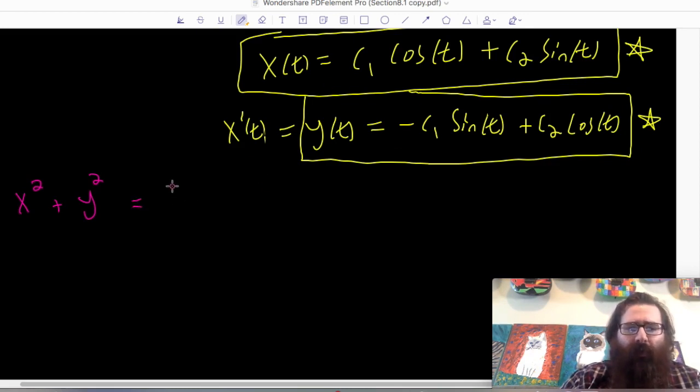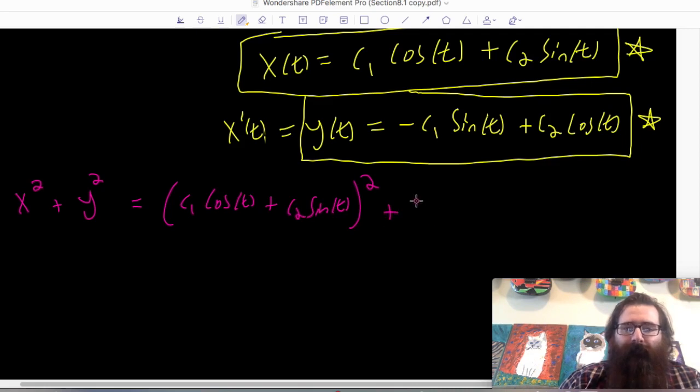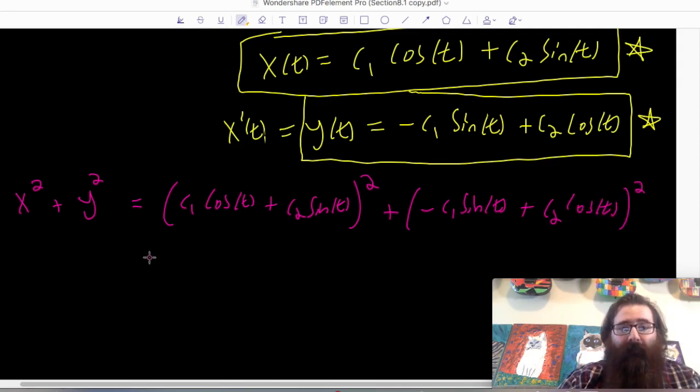If I square x, that would be c sub 1 cosine t plus c sub 2 sine t, squared, plus y, which was negative c sub 1 sine t plus c sub 2 cosine t, and we're going to square that.